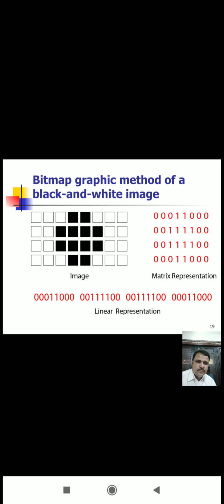Now you might have gained an idea of how a black and white image can be represented. It can be represented by a matrix, and the black pixels can be represented by setting the bits to 1, and the white pixels by zeros, and all these can be stored in memory.